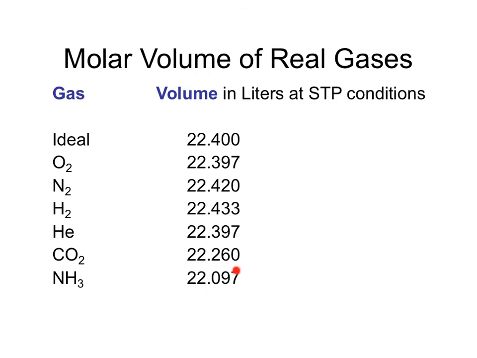Notice something like ammonia, and if I had water in here as well, you'd see a bigger deviation from 22.4. Ammonia and water have strong interactions between each other. It takes a little bit more energy to break up those interactions. Those are called hydrogen bonds. So the volume's a little bit smaller due to their close interactions.